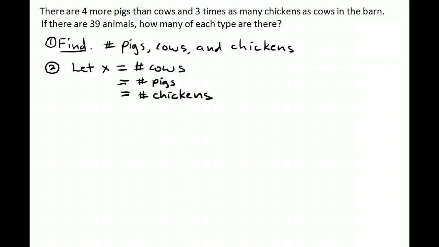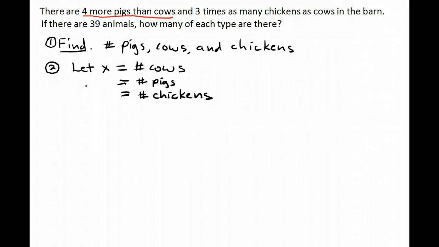So we need to write down how many pigs we have and how many chickens we have based on the variable x. Now, as far as the pigs go, I've got 4 more pigs than cows. Well, 4 more means I'm going to add 4. So like if I had 10 cows, that means I have 14 pigs.